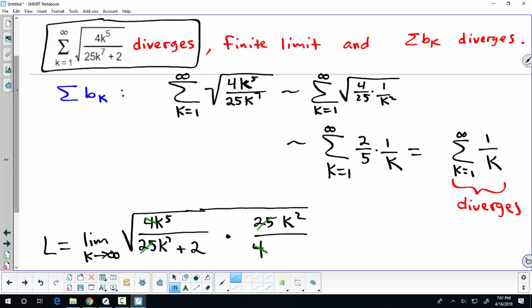I had the root of 9k cubed over 16k to the 5th plus 3. I think it's all of it square root, the square root of all of it. You just simplified that 9/16. But that's the way I wanted my b sub k. It just says my b sub k should be 3 over 4k squared, and it converges.